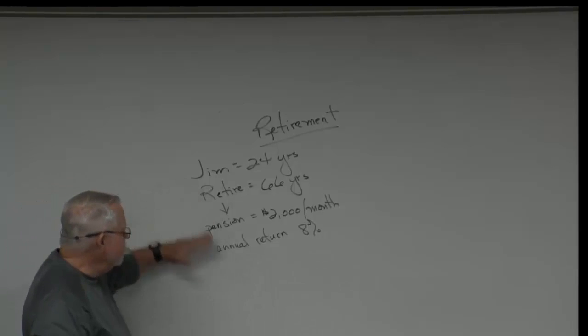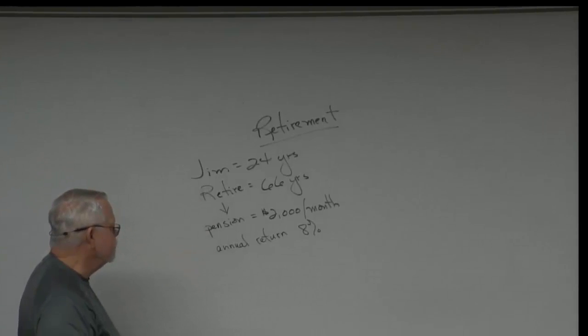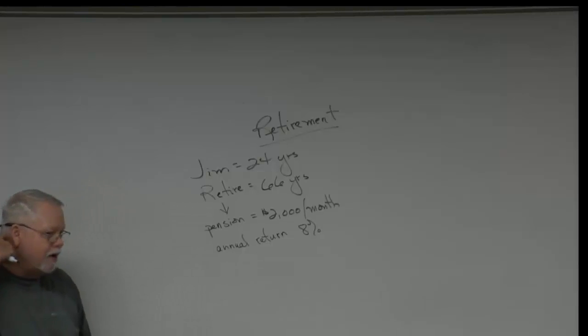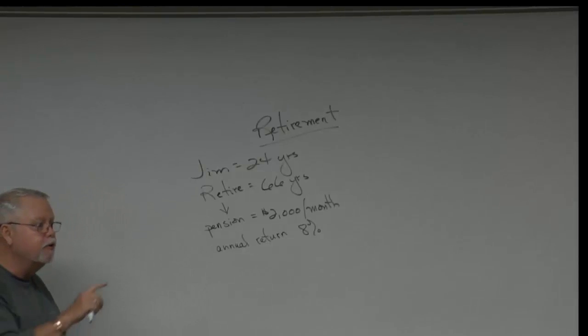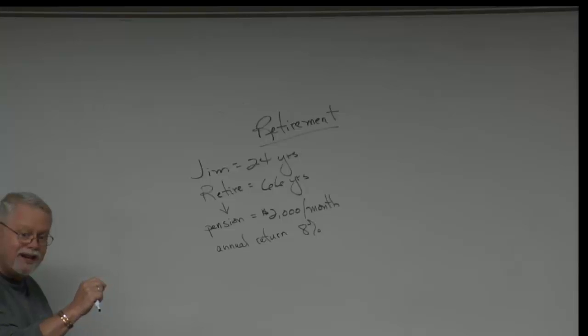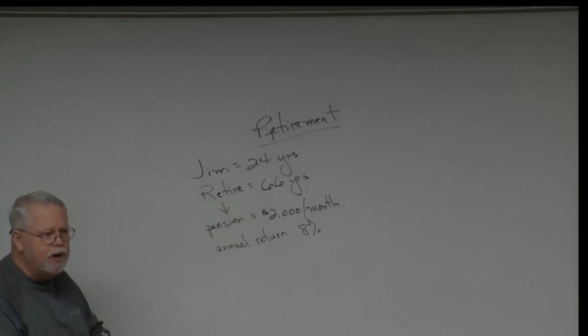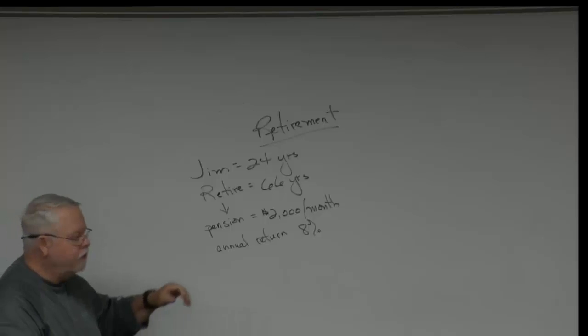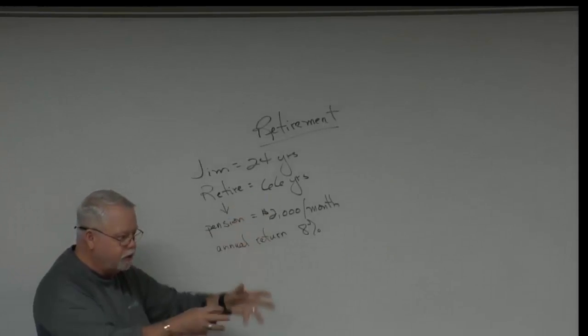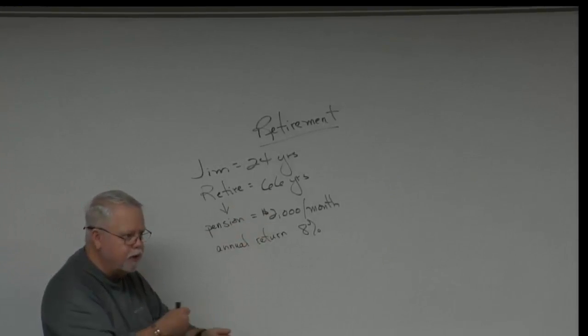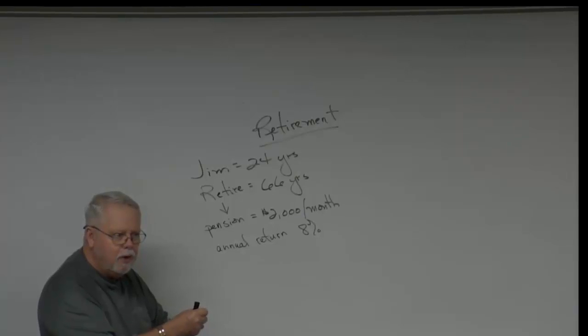Now, given this 8%, what we want to ask is, how much does Jim need to start contributing to his 401k today so that he can retire? But we need one more piece of information. He's going to retire at 66 and start pulling money out of his pension fund. The big question is, how long is he going to live?